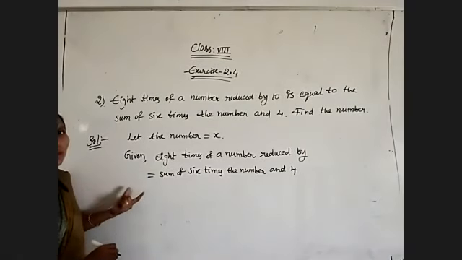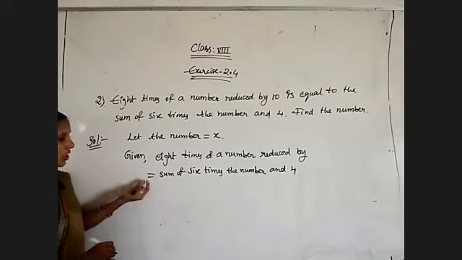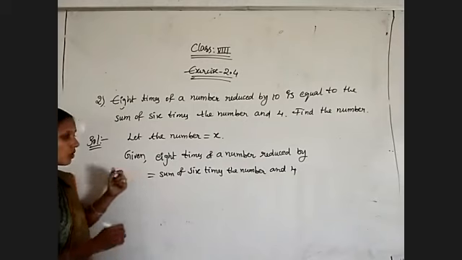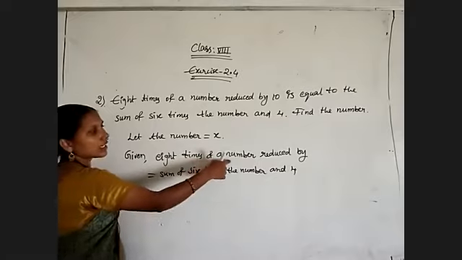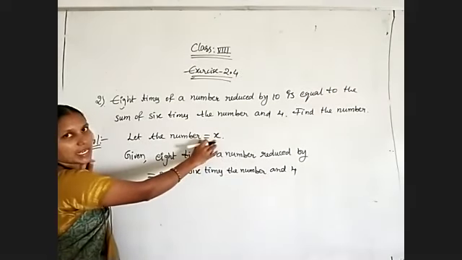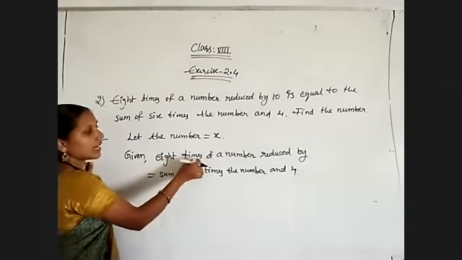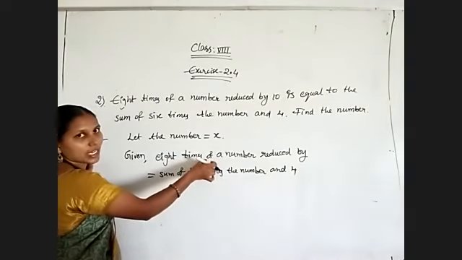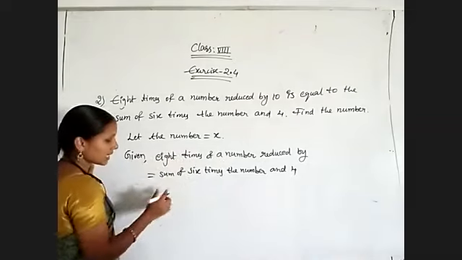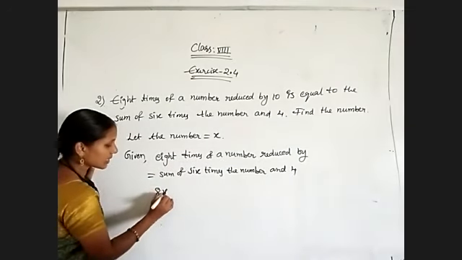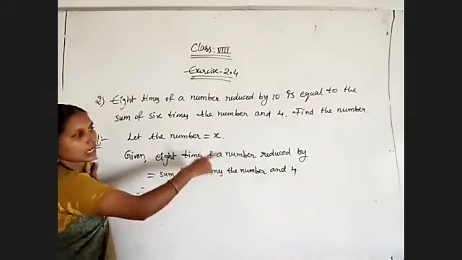For this we need to write the equation form because they have given equal to. So observe, 8 times the number. We have taken that number as x. 8 times in the sense of multiplication. So 8 into x, 8x. Therefore 8x reduced.